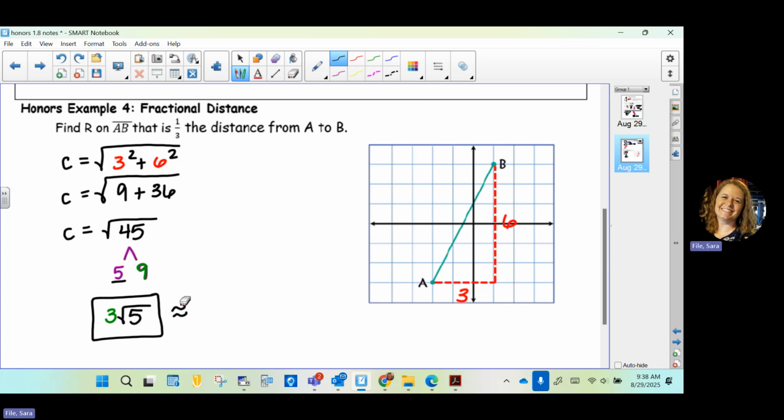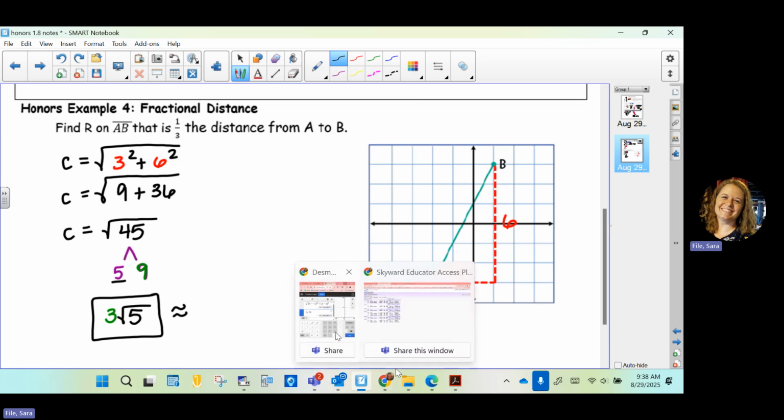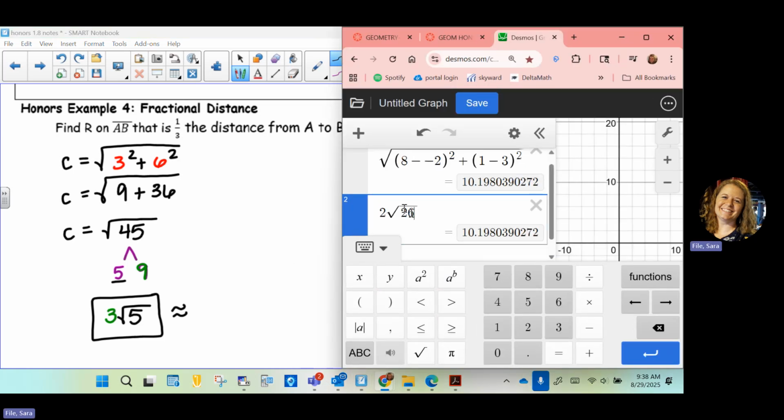Okay, we'll go ahead and plug it in, and let's see what we get. So we got square root of 45. Let me get rid of the 2. Oh, it was 6.7. Oh, it's so exciting, y'all. 6.7. Yeah.